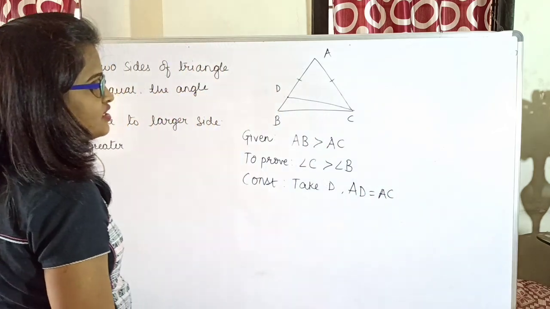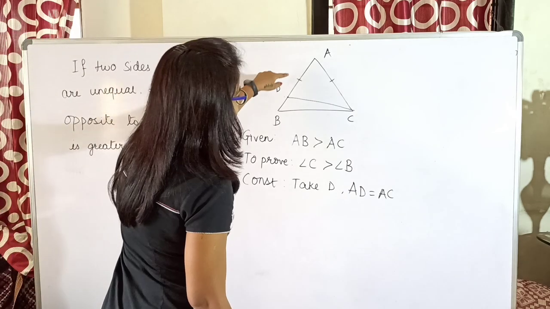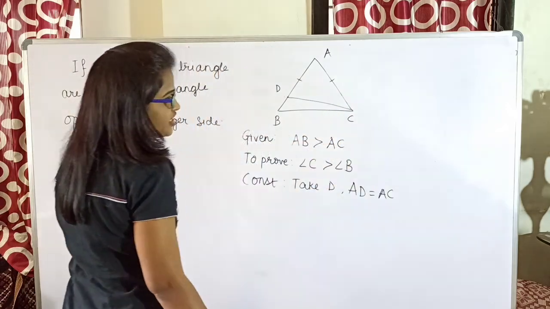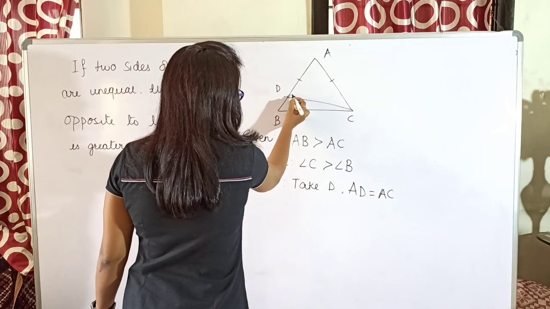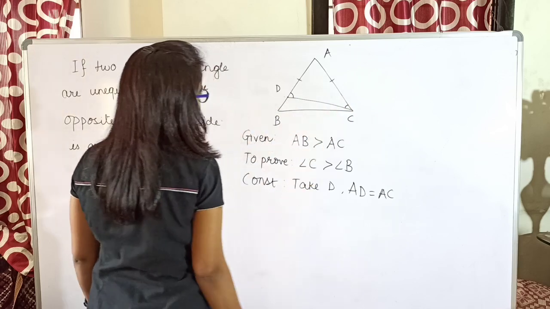Okay, further, if AD is equal to AC, what can we do? Yes, ADC will be an isosceles triangle, isn't it? So if ADC is an isosceles triangle, just now we have seen the angles opposite to equal sides are equal.